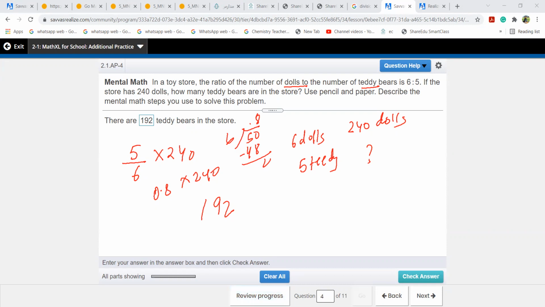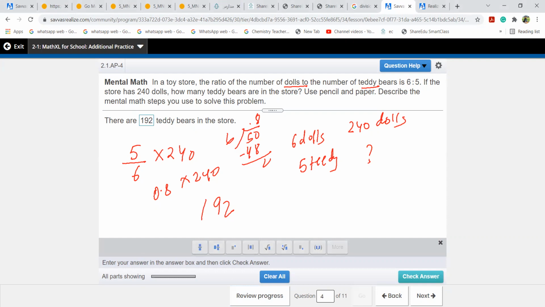No, 5 divided by 6, right? 5 divided by 6 equals this, multiply by 240. You get 200. See, be very careful. Let me see. My answer is 200. I think I'm correct. 200. Right?